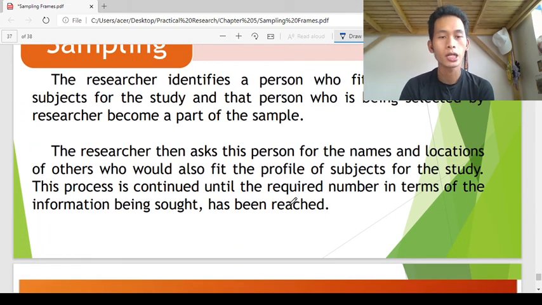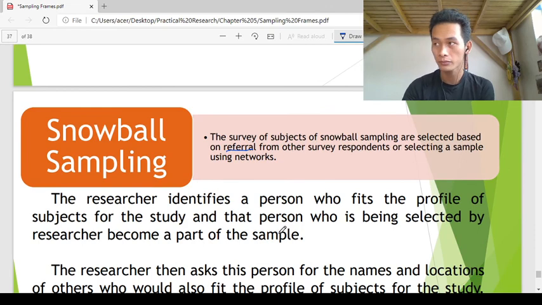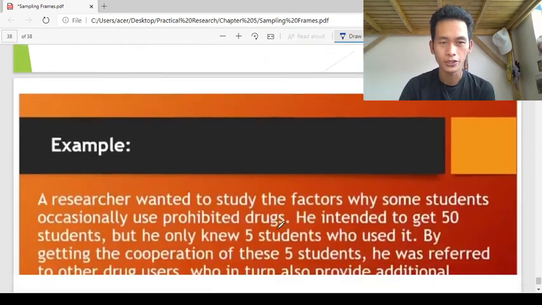The researcher then asks this person for the names and locations of others who would also fit the profile of subjects for the study. This process is continued until the required number in terms of the information being sought has been reached. So like for example, 100 imuhang sample size by using snowball sampling, so referral.